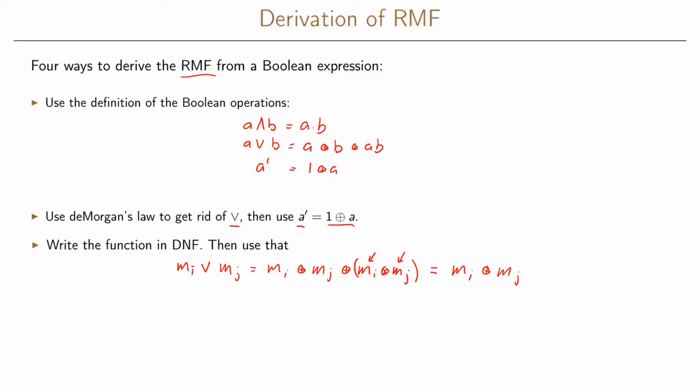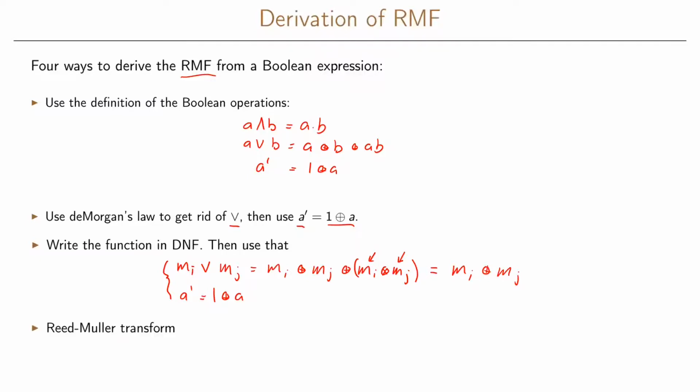And then here in this method of writing the function in RMF, we are also going to take advantage of the fact that A prime can be written as 1 plus A. So using these two expressions, we can get the RMF from the DNF.